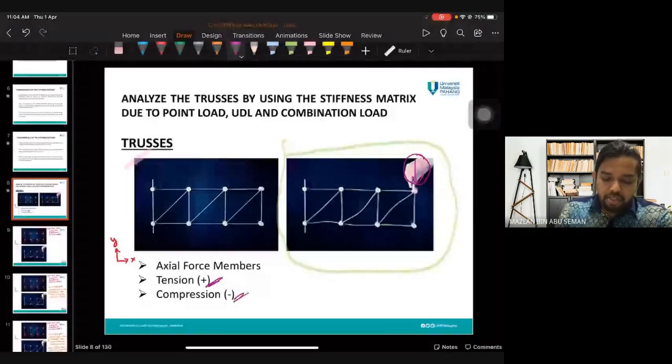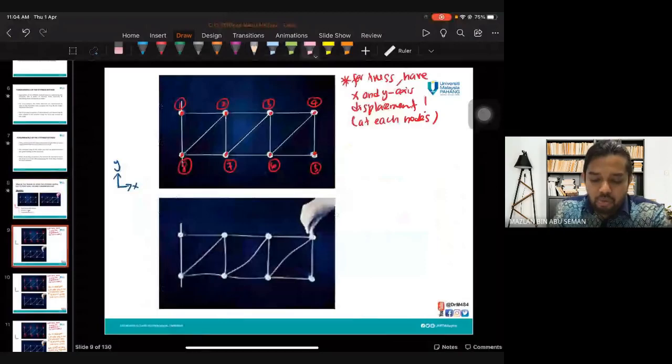All right, for this question, at each node, how many nodes do we have? We have 1, 2, 3, 4, 5, 6, 7, 8. So we have 8 nodes for this truss. And at each node, we have X and Y axes for displacement. So this is your X, this is your Y, global direction. So this is your deflected shape when you slowly or gradually increase the load at node 4.